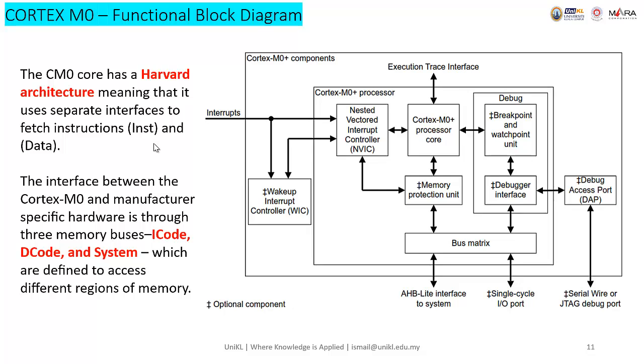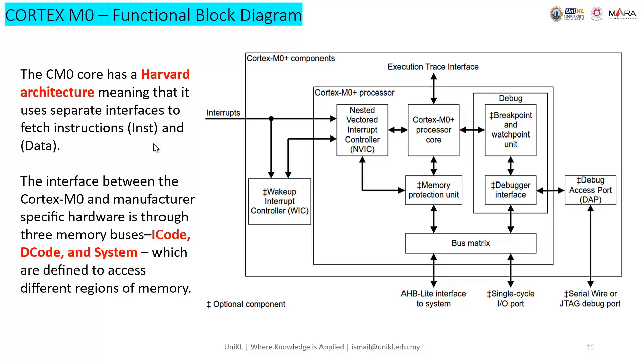It does not put everything in one memory. So it looks like it has two memories, one program memory and the other one data memory. So it fetches the instructions and the data using two separate interfaces, so it must move faster.